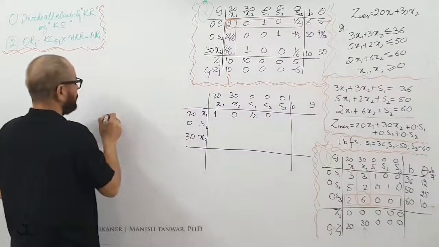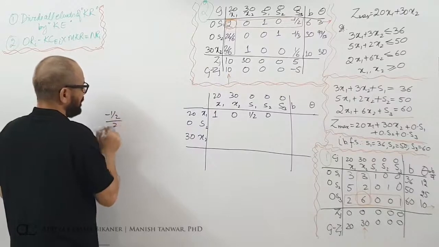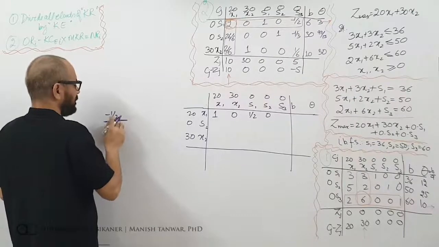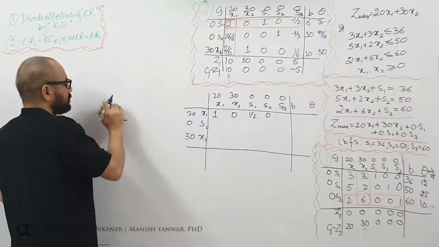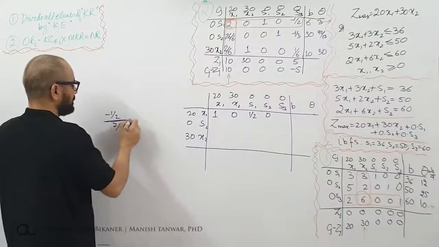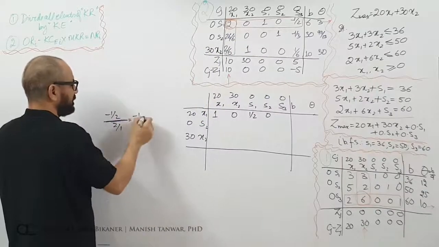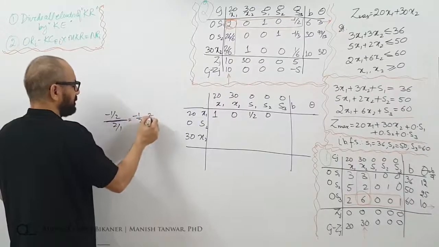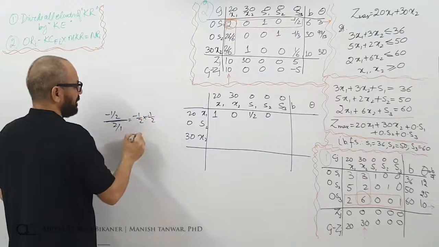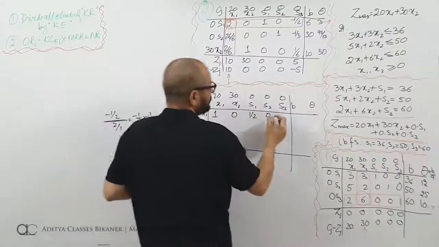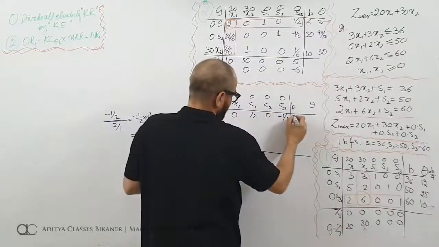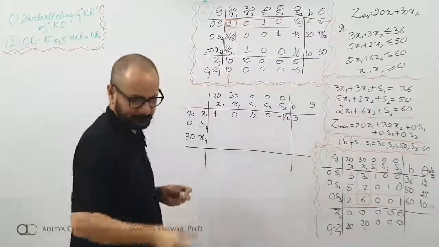Half divided by 2, minus half divided by 2. We know that the numerator remains as it is, but the denominator gets flipped. 2 by 1 would become a 1 by 2, making it minus 1 by 4. Minus 1 by 4, and last is 6. 6 divided by 2 would be a 3.